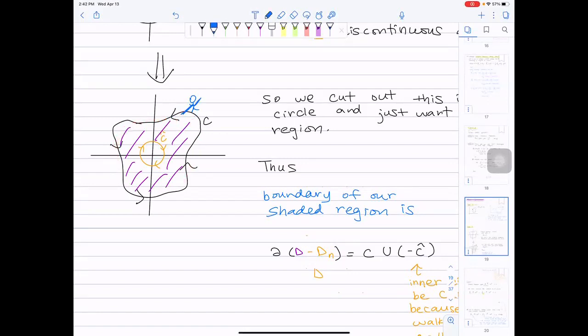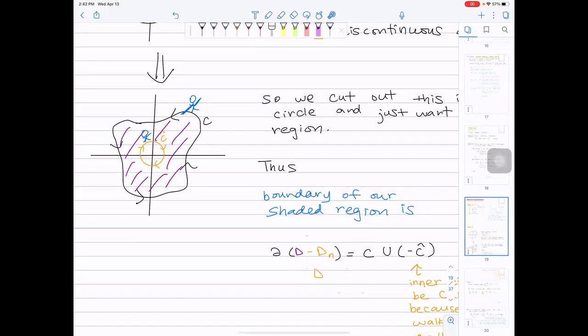When you're walking on the orange curve, we want to go clockwise because we always want our left hand to stay in the region. So walking clockwise, our right arm is going to be inside our hole and our left arm is going to be in the area. So our orange curve has to go clockwise, not counterclockwise.